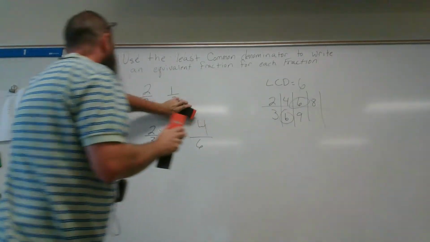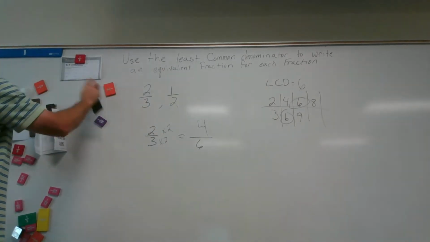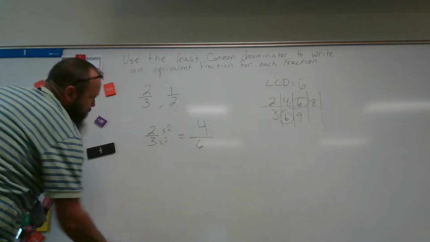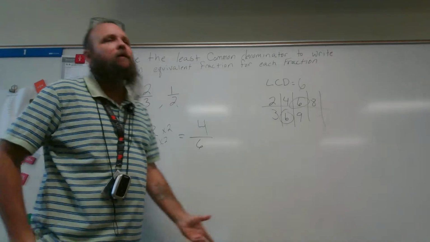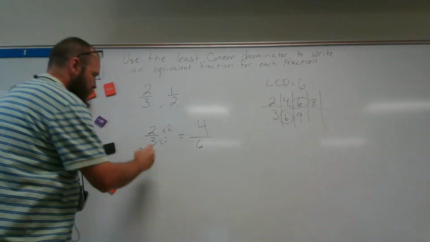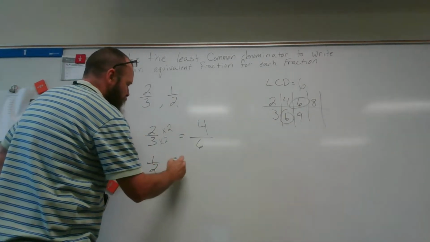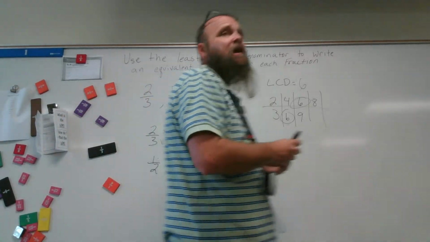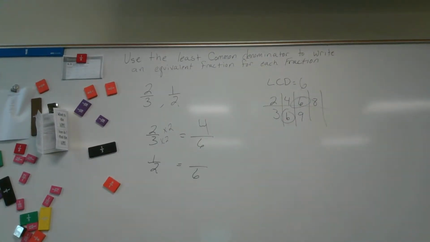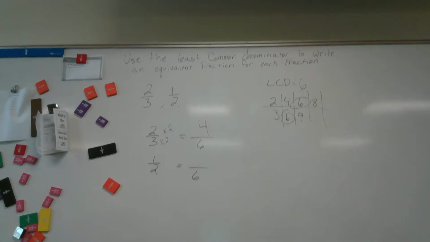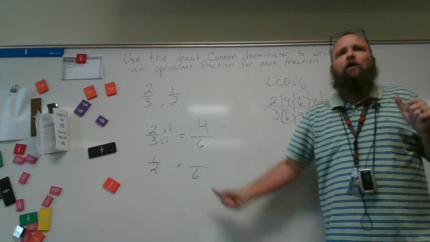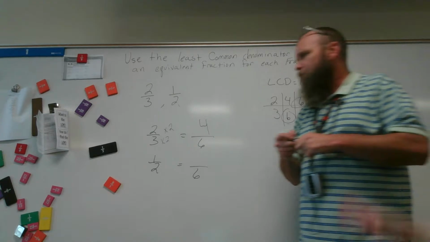So now we have to change 1/2 into something over 6. Now, the 1/2s are easy. 1/2 equals something over 6. Hannah, what am I going to multiply here so that I get something over 6? 3.